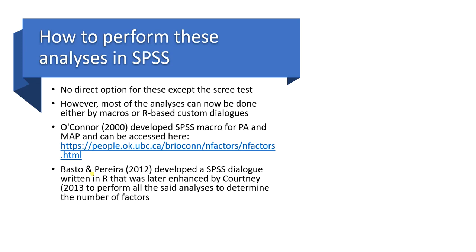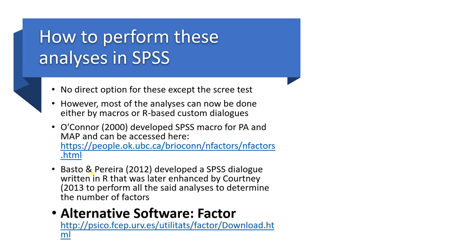It is called R menu, and it will appear as R factor version 2, version 1, like this in your SPSS analyze menu. And this basic frame was later further enhanced by Courtney in 2013, who added the acceleration factor, the optimal coordinate, and CD procedures also. Initially, only the parallel analysis and Velicer's MAP procedures were there.